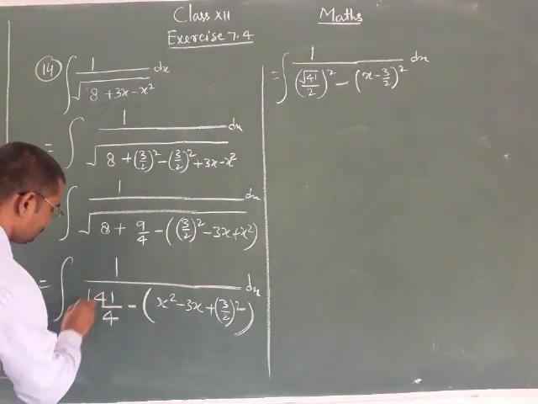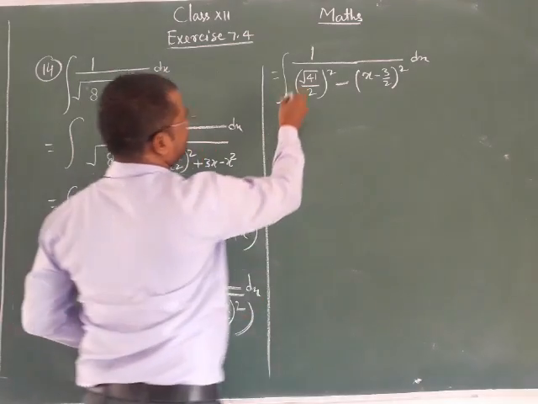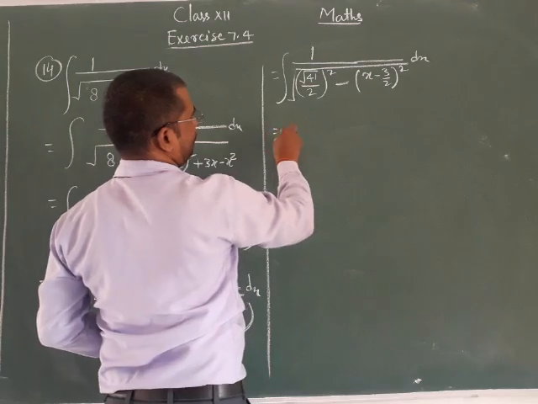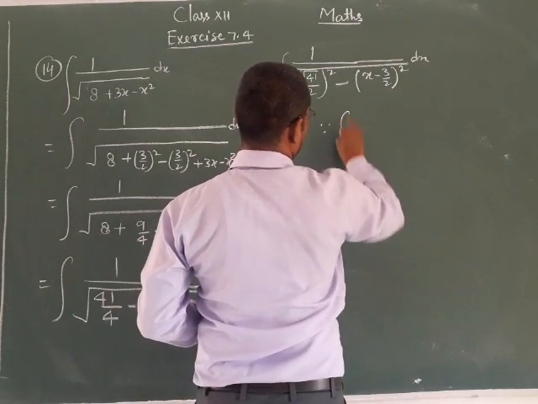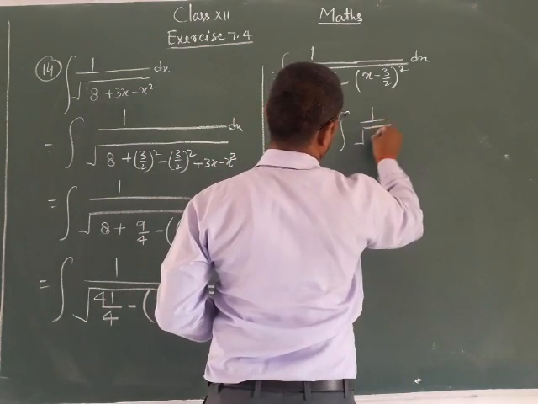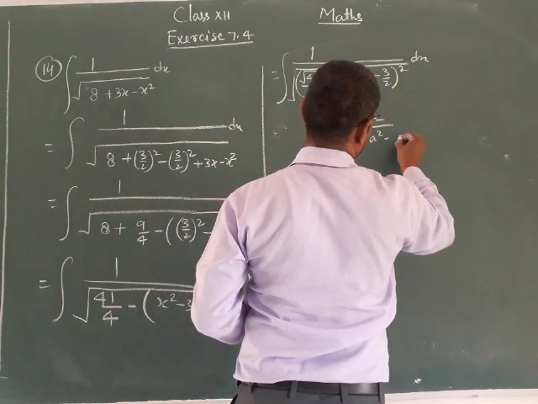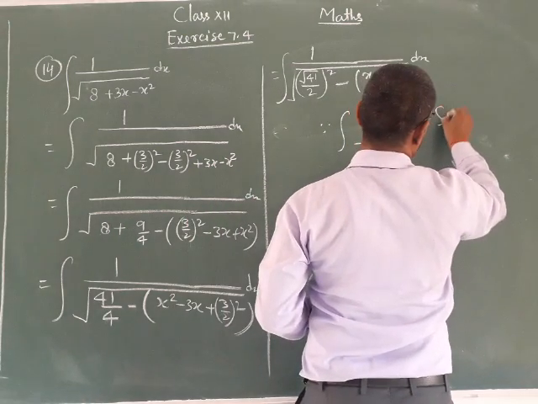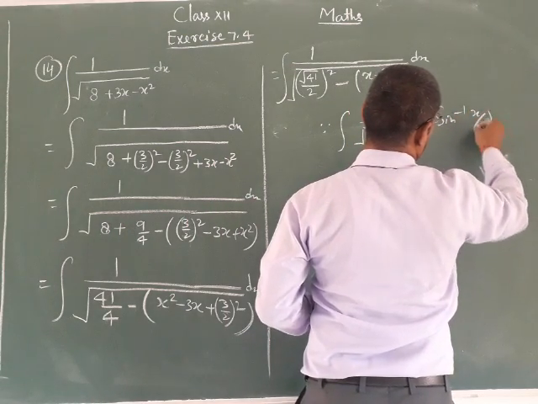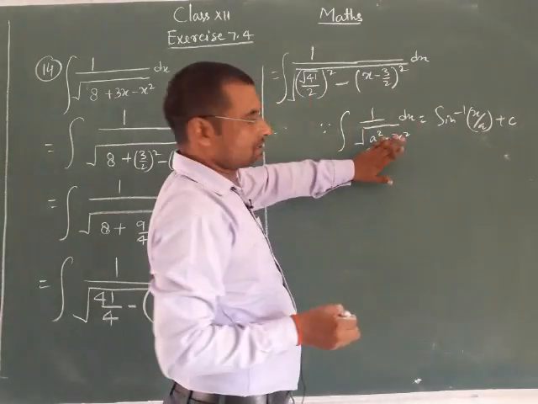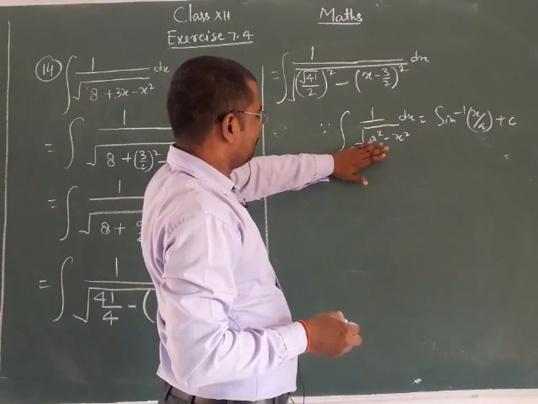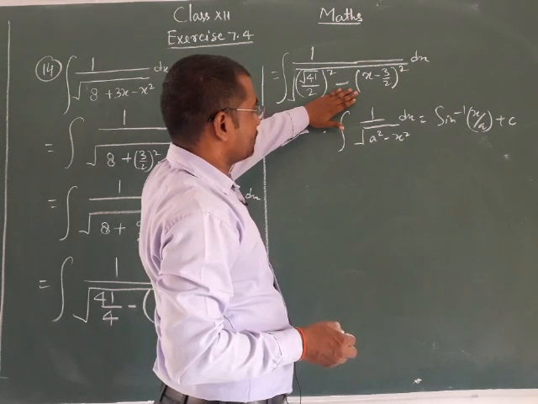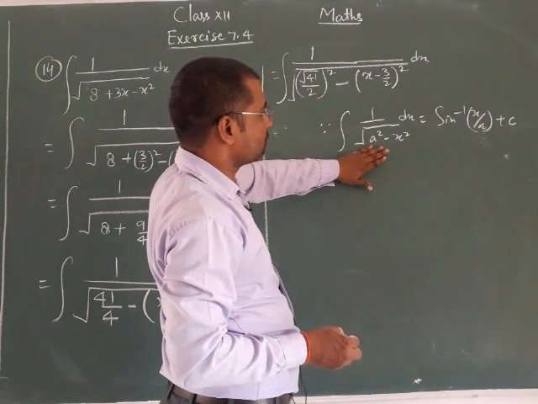So this is a square root. Now since integral of 1 upon root a square minus x square dx is equal to sine inverse x by a plus c, this is the formula. In this question you can solve with the help of this formula.